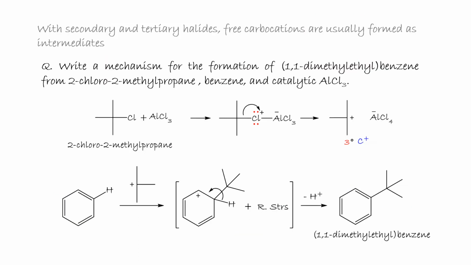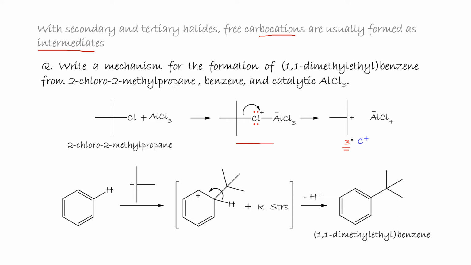With secondary and tertiary alkyl halides, free carbocations are usually formed as intermediates. So here, if we started with tertiary butyl chloride, what we call in IUPAC 2-chloro-2-methylpropane, you get the complex dissociating to form the tertiary carbocation.